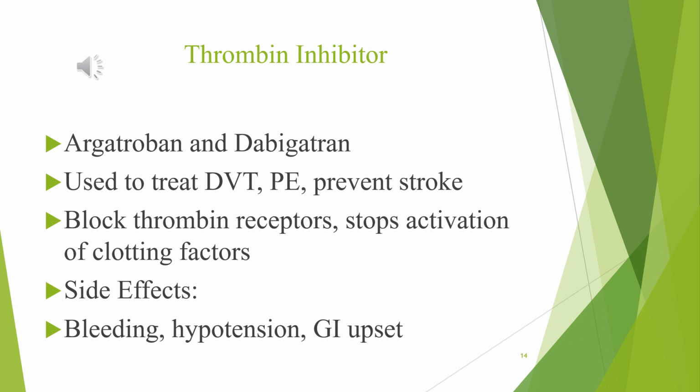So we have some other anticoagulation medications, and these are thrombin inhibitors. So argatroban and dabigatran are used to treat DVTs and PEs, and they're used to prevent strokes, and they block the thrombin receptors, and then this stops activation of clotting factors. Of course, our side effects are going to be bleeding, GI upset, and possible hypotension.